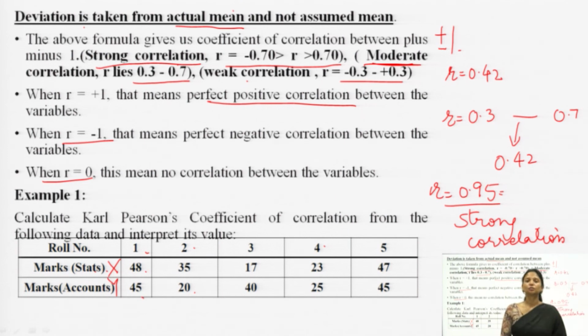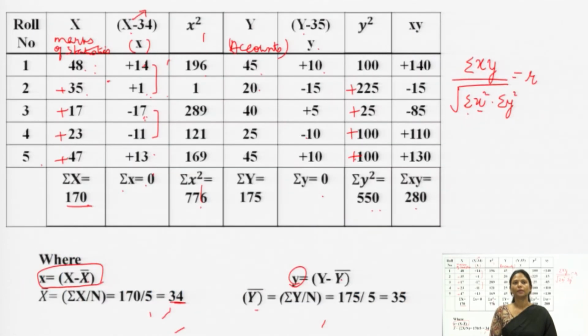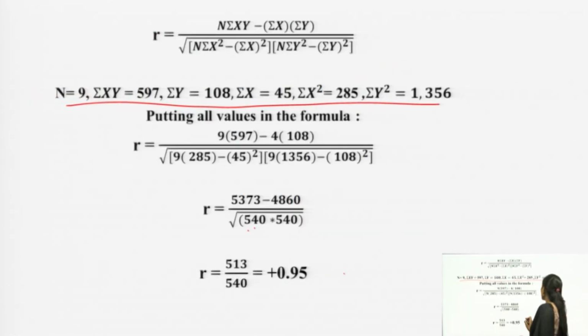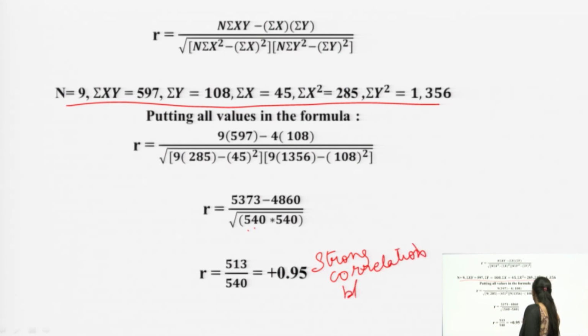Therefore, there is a strong correlation between the marks obtained in subject x and marks obtained in subject y. So, here we can write down that we have a strong correlation between the two variables.